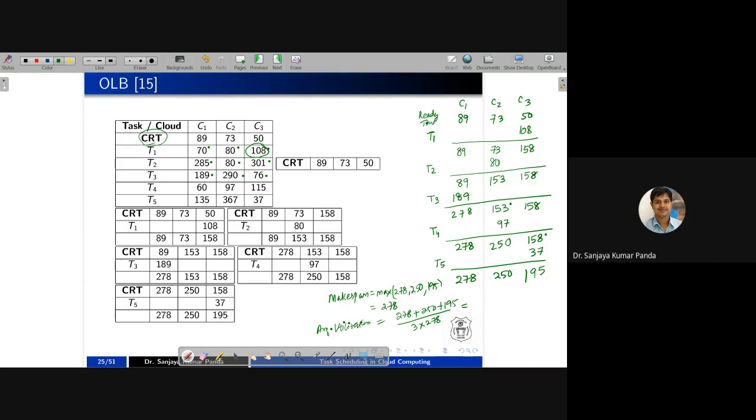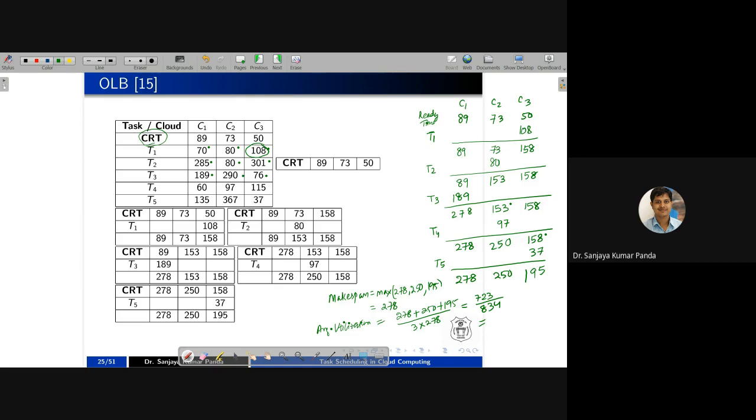Average utilization: 278 plus 250 plus 195. The numerator we are getting is 723 and the denominator is 3 into 278, so we'll get 834.